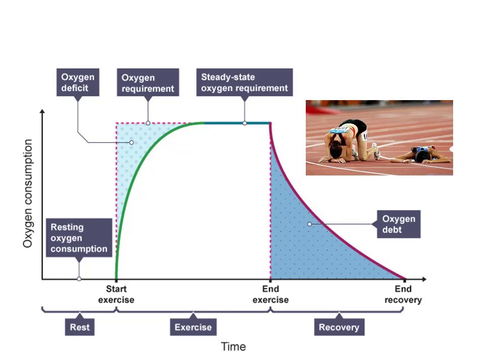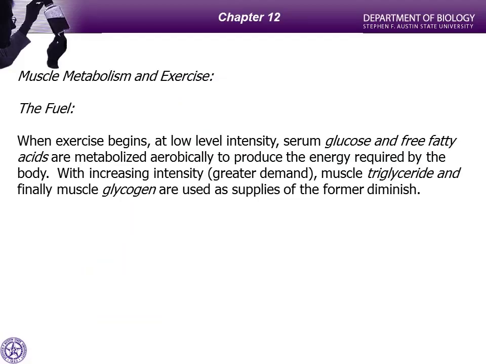But as we increase our activity, as we prolong this activity, especially if the intensity increases, now we're going to start burning through our stores of triglyceride, which is fat, and then we're going to burn through our glycogen stores. So the metabolism is the fire. This is the fuel, the wood that we're putting on that fire.